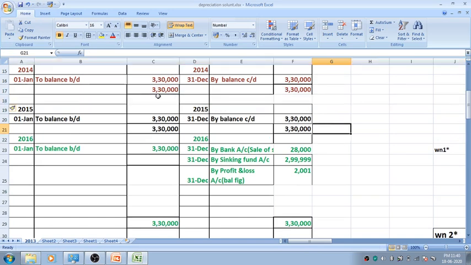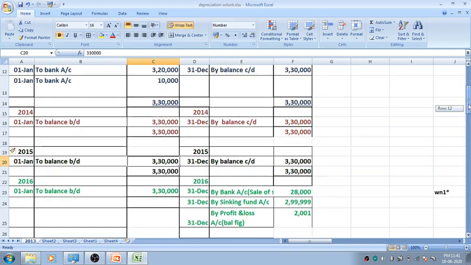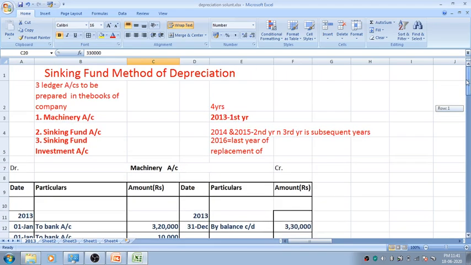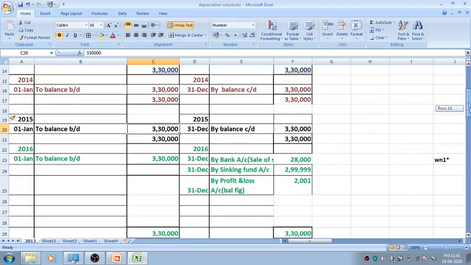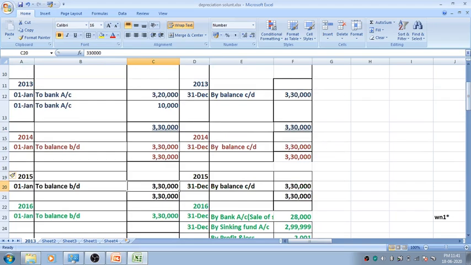So first 2015 you write year, subsequent year, that is year following the second year. In this year, previous to replacement, last year, balance brought down 3,30,000 in the machinery account, because there is no journal entry to be written as we have written in the second year. So only opening balance and closing balance.